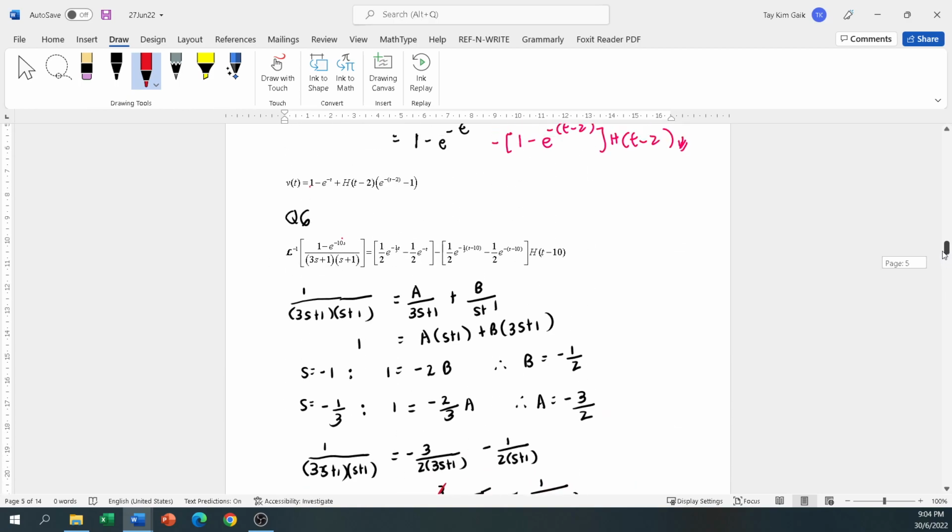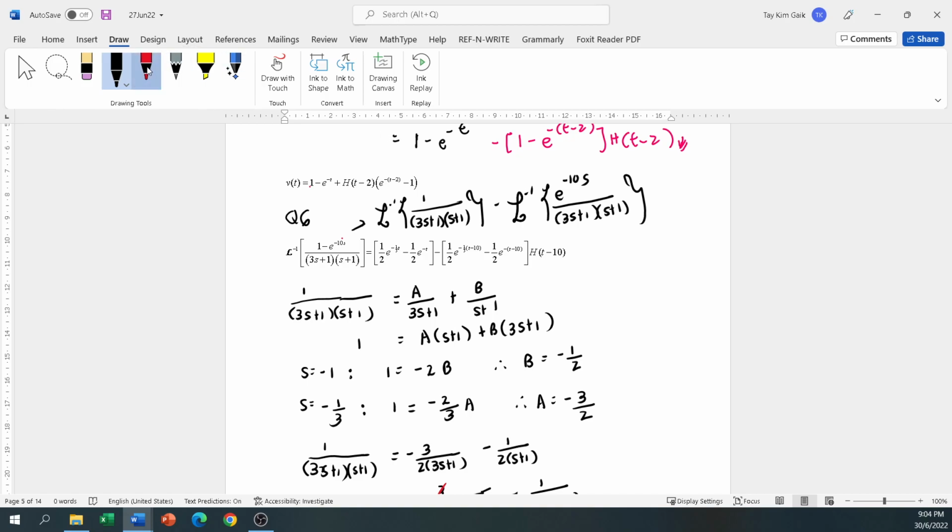Then we already proved the first term. Using linearity, you can break the whole expression into two terms: the inverse Laplace of 1 over (3s plus 1)(s plus 1), minus the inverse Laplace of e^(-10s) over (3s plus 1)(s plus 1).